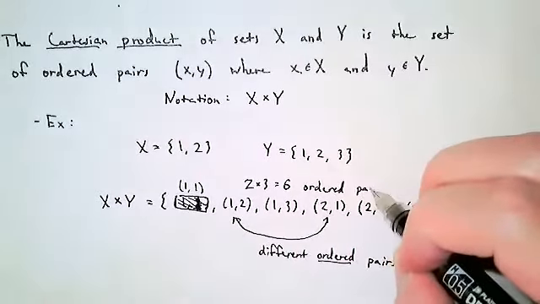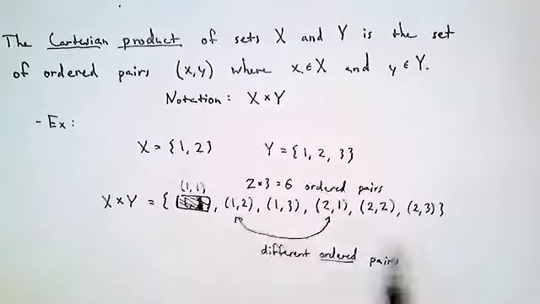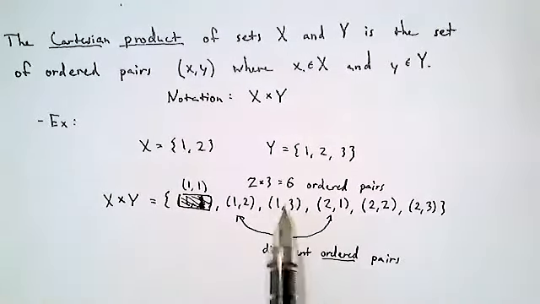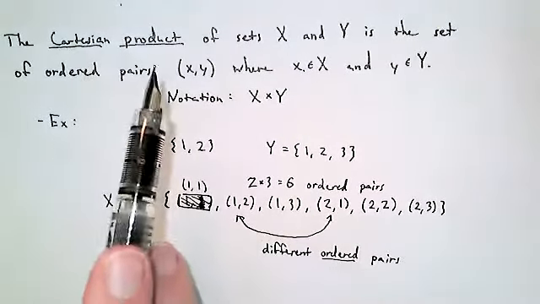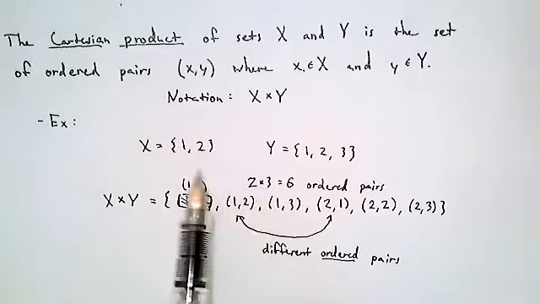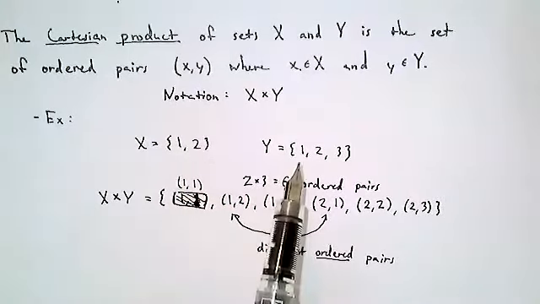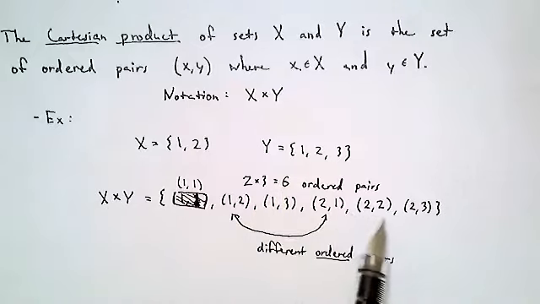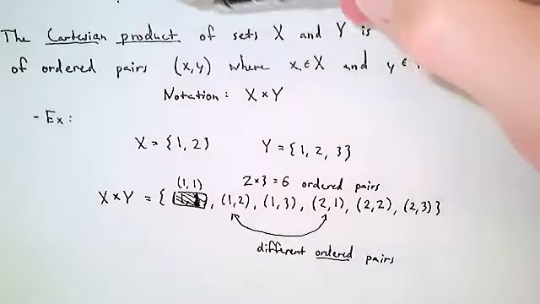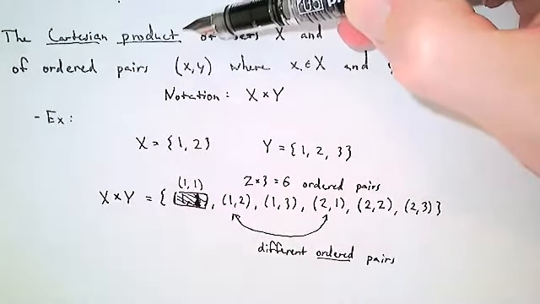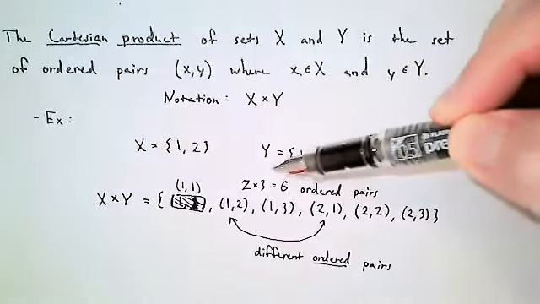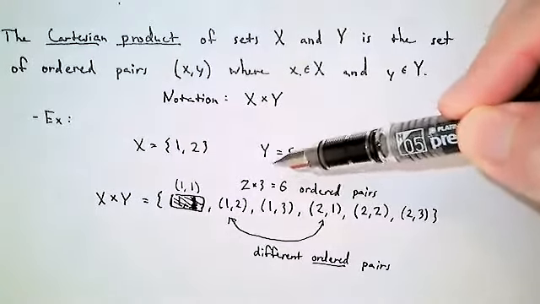And this always works. If you need to count the number of ordered pairs that you're going to get from a Cartesian product, you multiply the number of elements in each set. So 2 times 3 equals 6 ordered pairs. And that's where this word, the product, comes from, this multiplication.